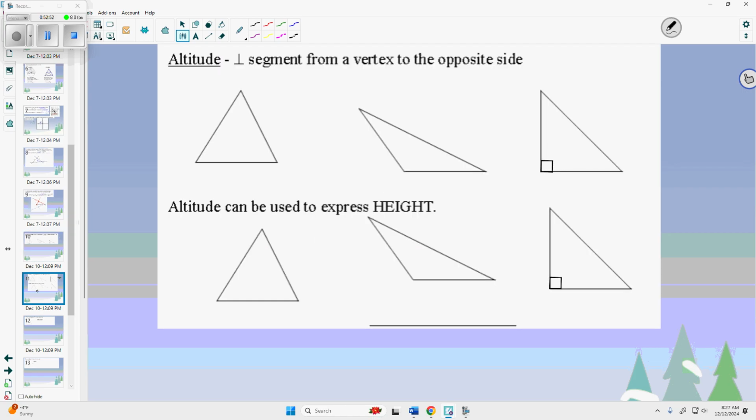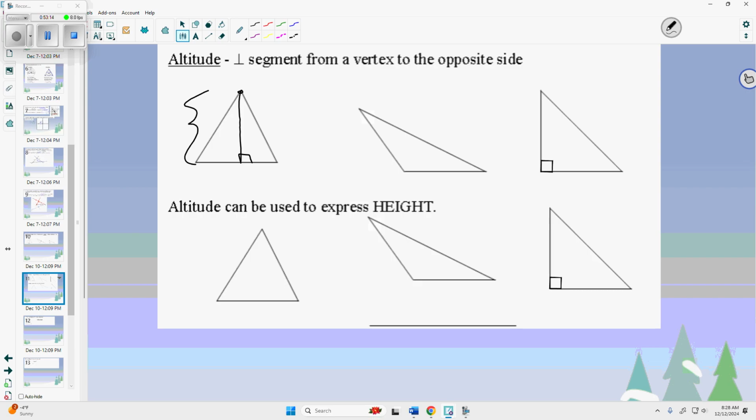The last segment type is the altitude. It's a perpendicular segment from the vertex to the opposite side. You are very used to seeing this, because how do you find the area of a triangle? One half what? Come on, area of a triangle.